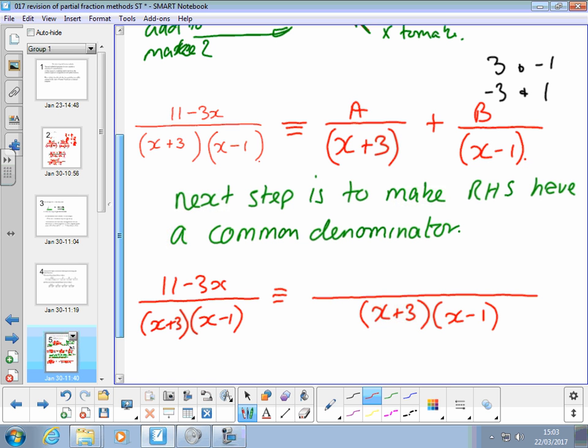So, if we look at that in terms of that, what have we got to multiply by to make that denominator x plus 3 times x minus 1? We've got to multiply by x minus 1. So we'd also multiply a by x minus 1, so we end up with, at the top here, a times x minus 1. Plus, over this side, to get the common denominator we're looking for, we'd have to multiply by x plus 3. So we end up with b times x plus 3 on that side. Yep, everybody follow that? So now we've effectively got our two partial fractions with common denominators.